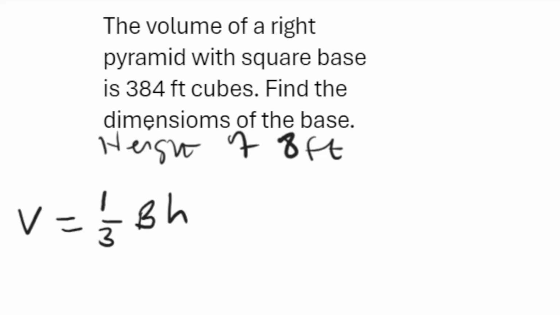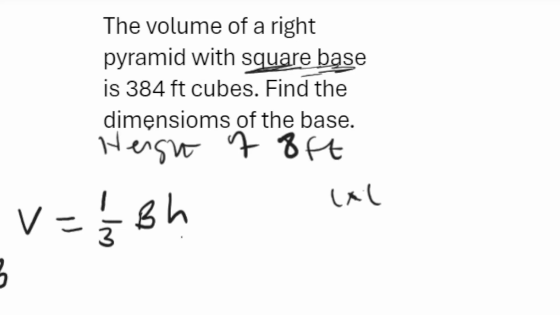This one is a square pyramid with a square base, and we know that a square base has all the sides the same. The area of a square is length times length. So we can just put in our numbers here, and we know our height.